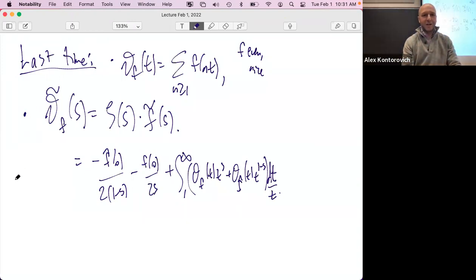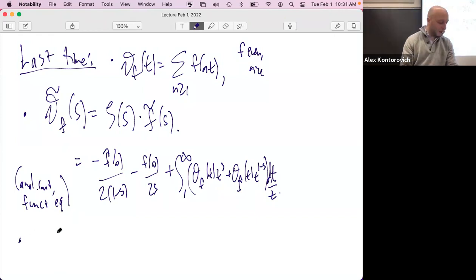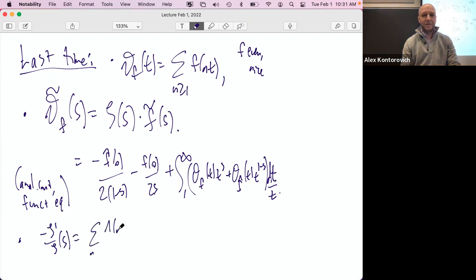This is where we got the analytic continuation and functional equation. And then we looked at negative zeta prime over zeta as being the sum of the von Mangoldt function, and we took that sum and inverse Mellin transformed it.